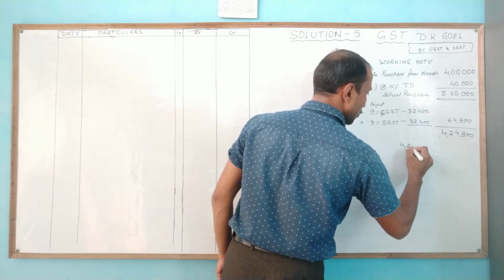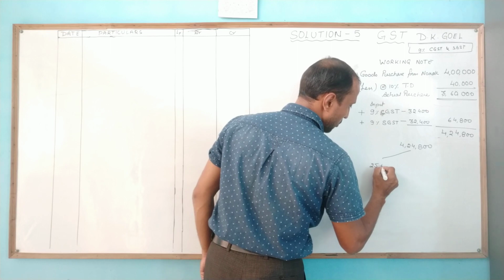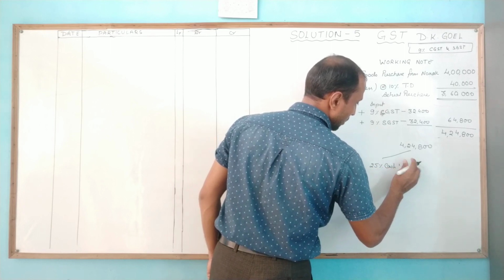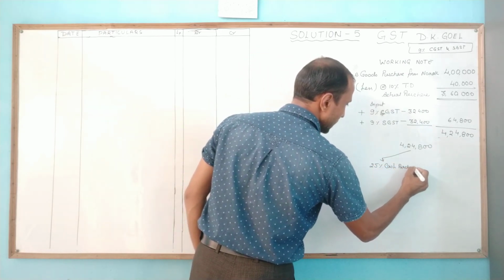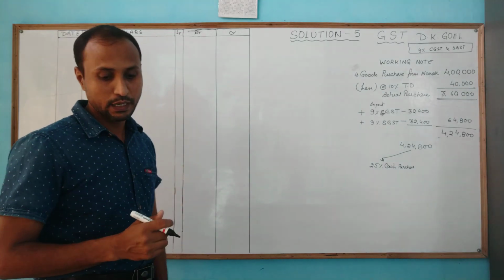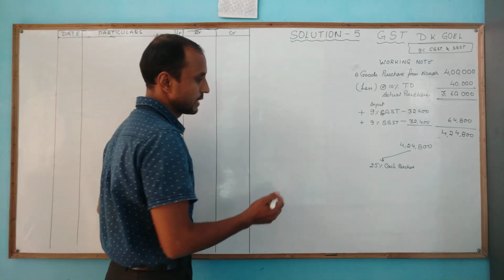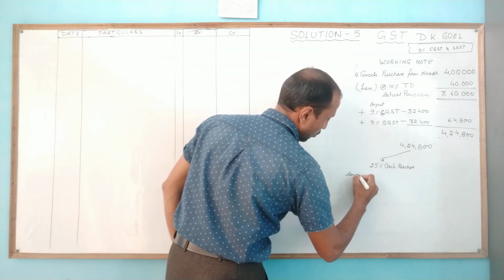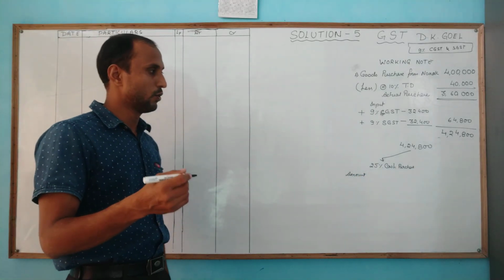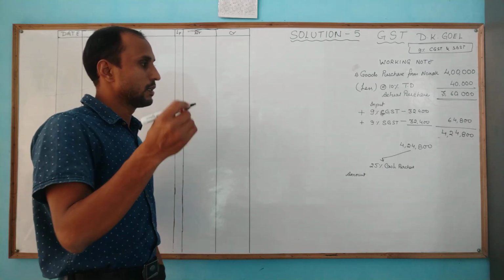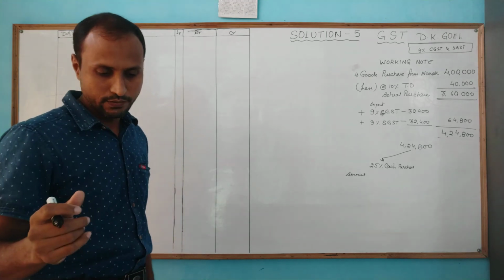So I am going to write this amount at the center: 4,24,800. From this, 25% is paid in cash. 25% you are purchasing on cash purchase. If you are going to purchase 25% on cash, it will be 25% of this amount, which will be 1,06,200. How did I calculate?